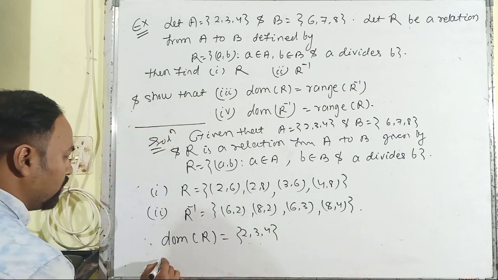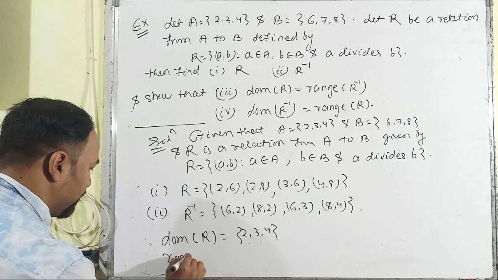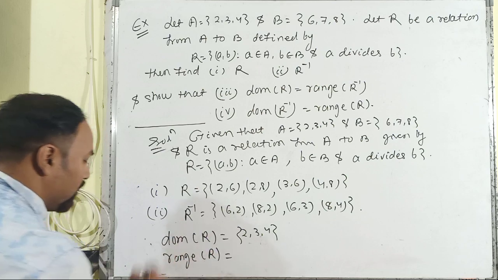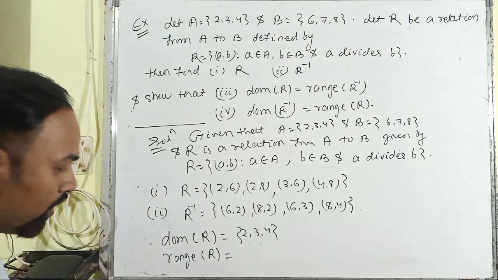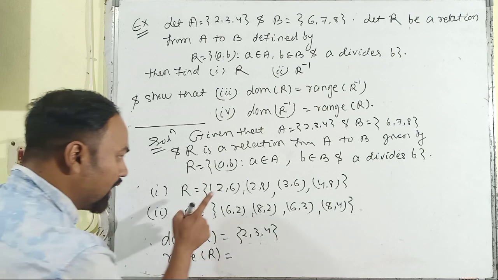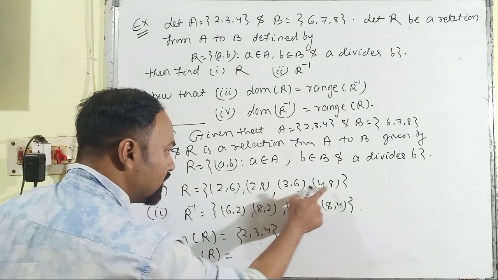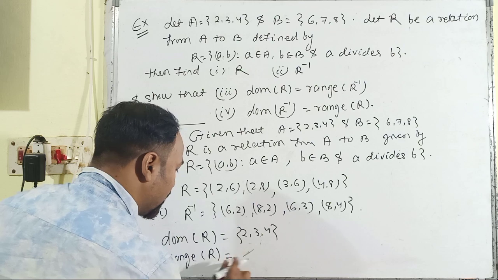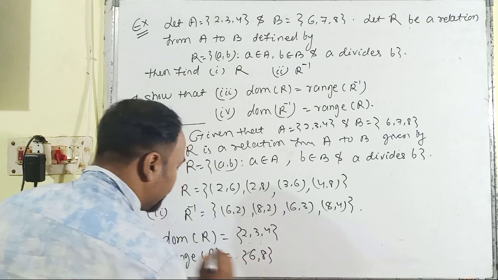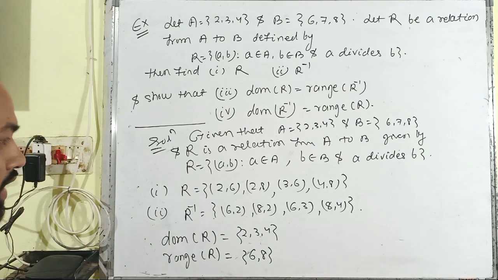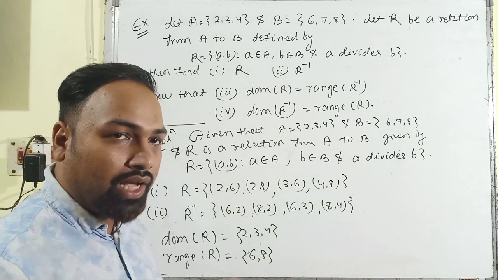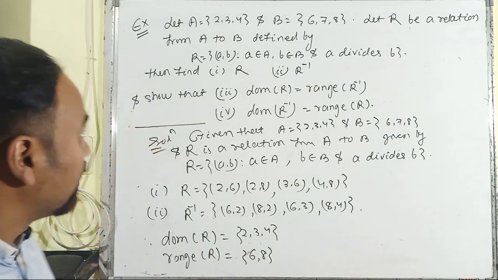Then we have to find out range R. That means we have to find out the second components from the relation R. The second components are 6, 8, 6, 8. That means we just write each a single time, because any element cannot be written twice or thrice, more than once, in a set form.